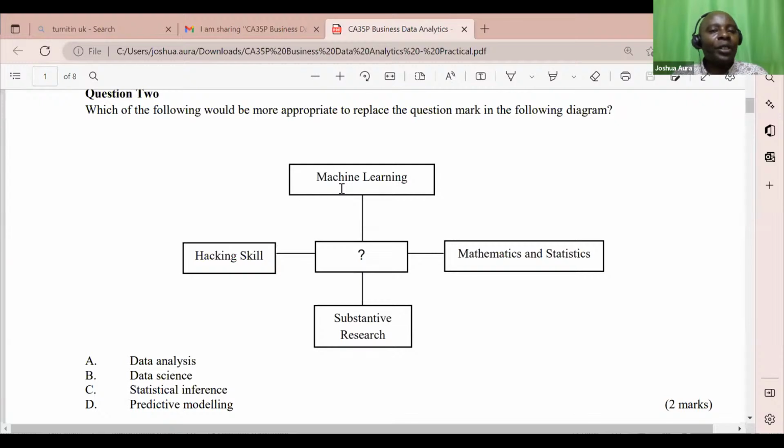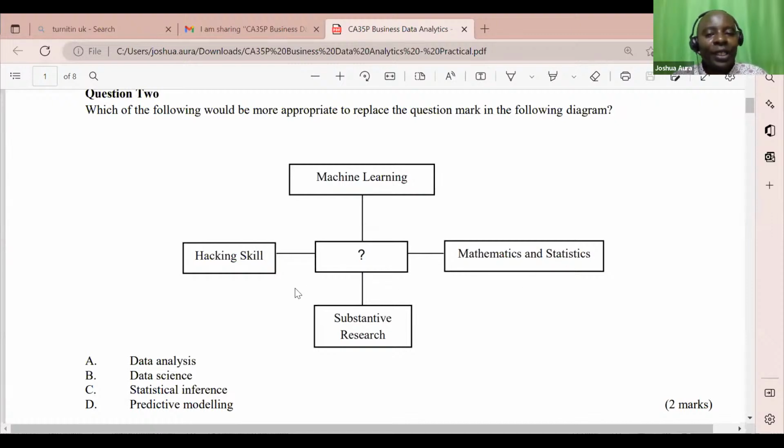Once we bring out the data that we need using this machine learning, with substantive research we shall be able to keep on getting more data, because we're talking of big data. And of course, we shall be able to understand this data and change it to information. Now we are making use of statistics.